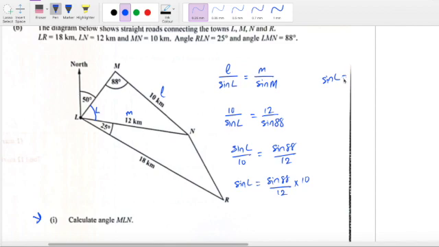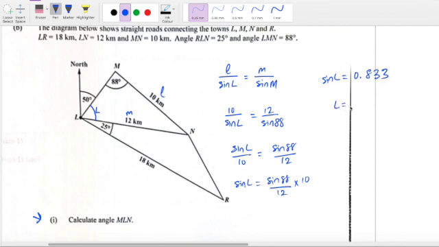Sine of 88 is 0.999 divided by 12 is 0.08 multiplied by 10 is 0.833, right?